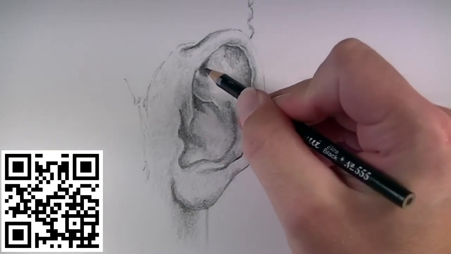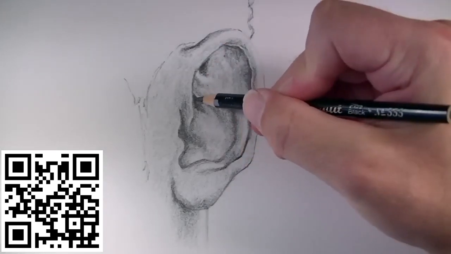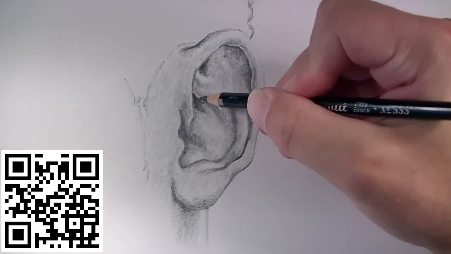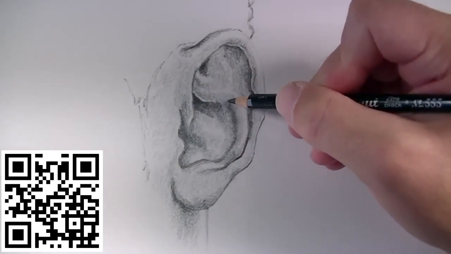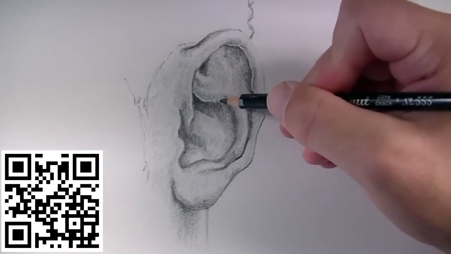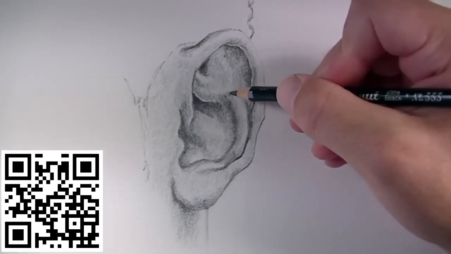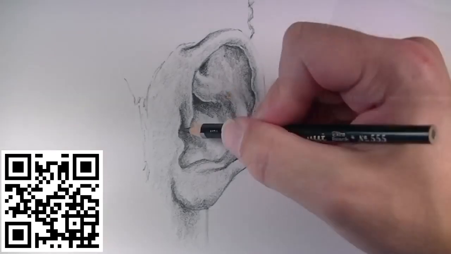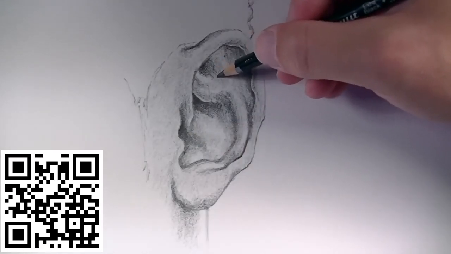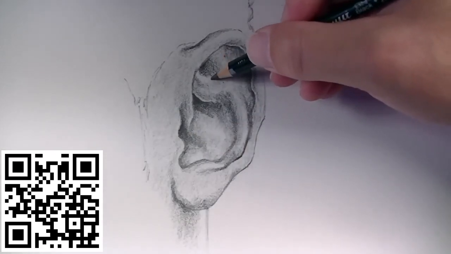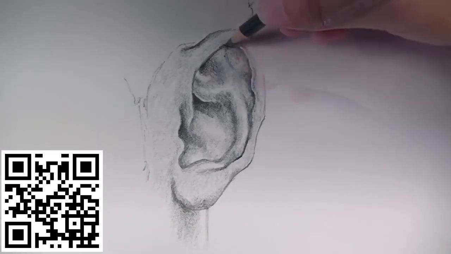Now we'll use a softer graphite pencil to further push the darker values. In this case, I'm using a General's Layout pencil, which is about equivalent to a 4B pencil. This softer and darker value will increase the value range. Having a full range of value will lead to a more convincing illusion of form in the drawing.